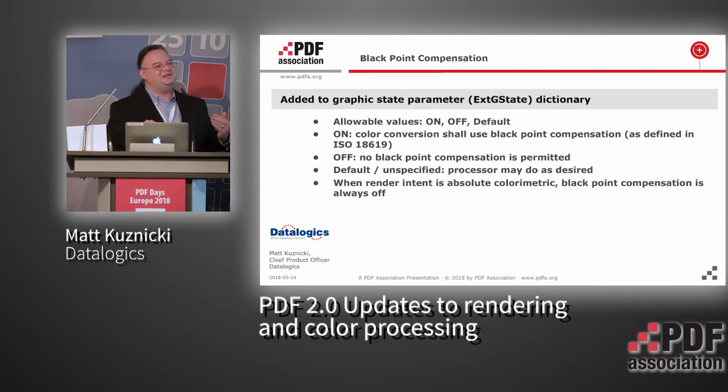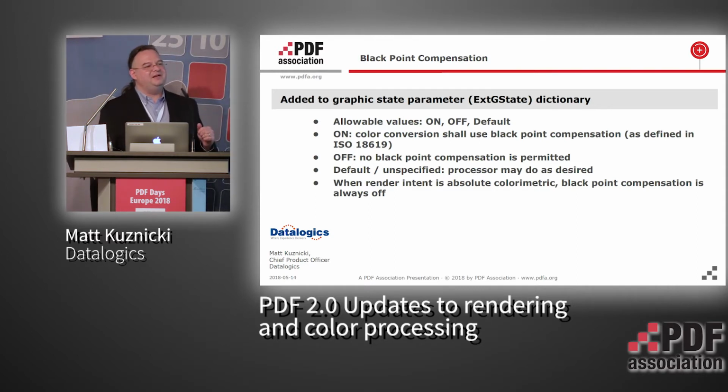And essentially what this preserves is the status quo of PDF renderers out there, which is to say when default is specified, the PDF processor may perform black point compensation if it so desires, but it's under no obligation to do so.